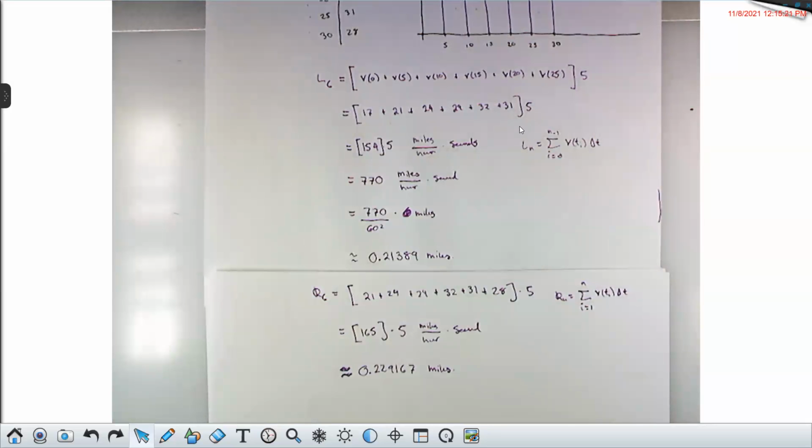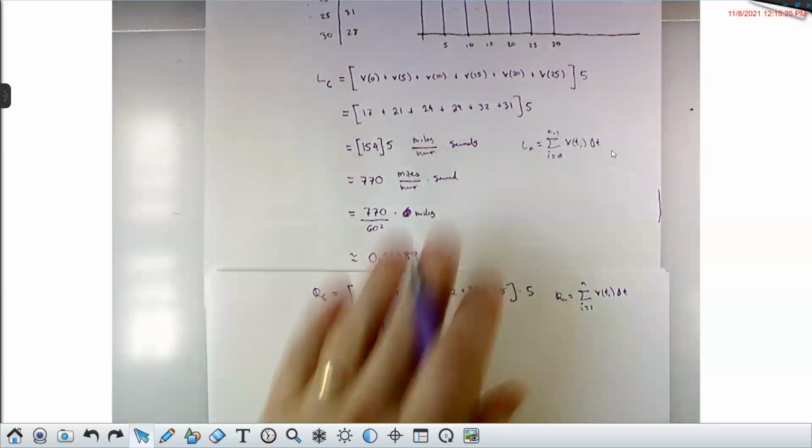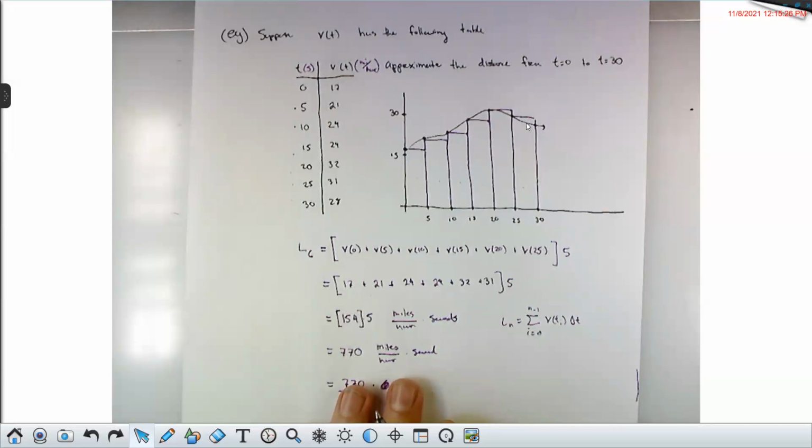It's just that the L sum starts at the far left and ends, look at the picture here, the height of this last rectangle is not determined by this point, it's determined by this point. So the L6 sum goes from the 0 up to the 25, and the R6 sum would start at 5 and end at 30.